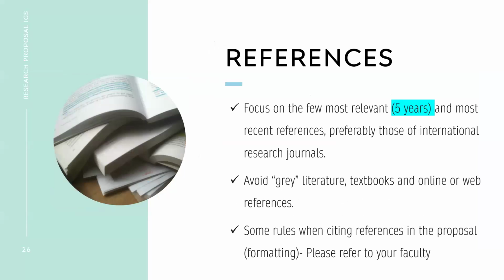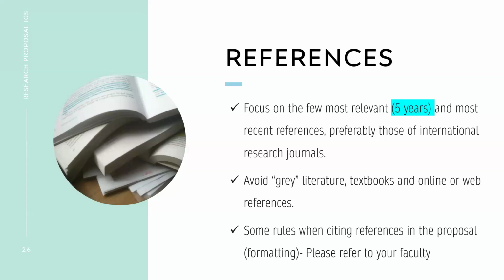Definitely references should focus on the most relevant in the last 5 years, and the most recent references, preferably those of international research journals. So make sure that within the list, at least 20% must be from journals. Avoid grey literature, textbook, or online or web references.